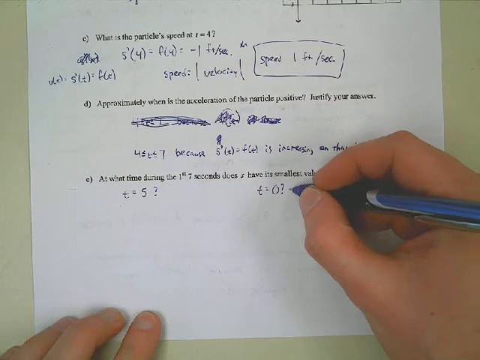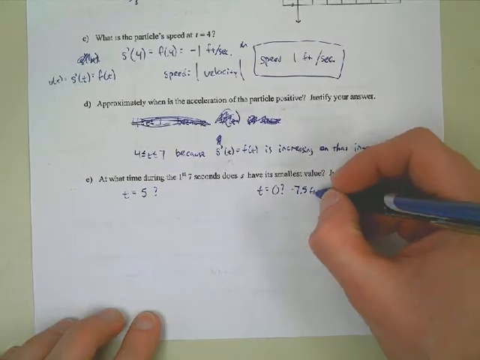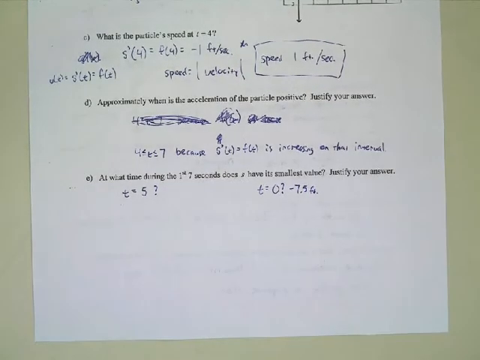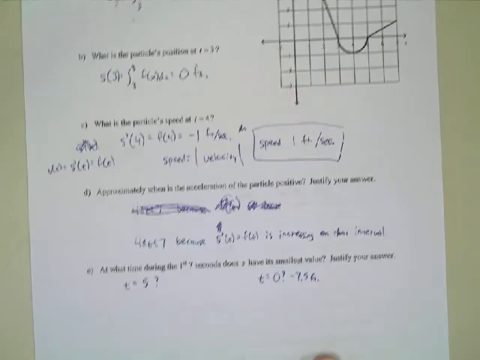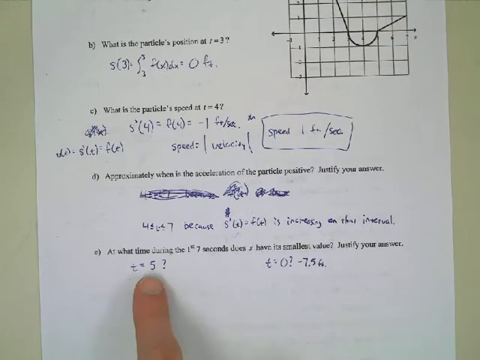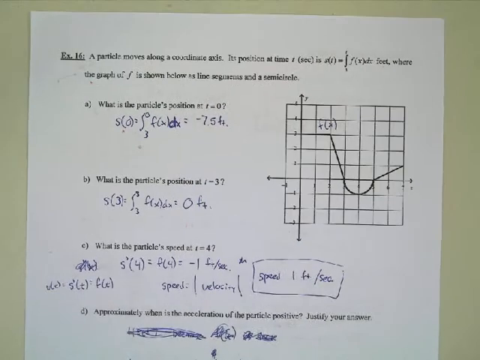Okay, and we can figure out the position at 5 as well. To figure out the position at 5, it's like plugging t equals 5 into our integral here. So we integrate from 3 to what? If we want to find the position at 5, that would be s of 5, which equals the integral from 3 to 5. The integral from 3 to 5 is what kind of shape?